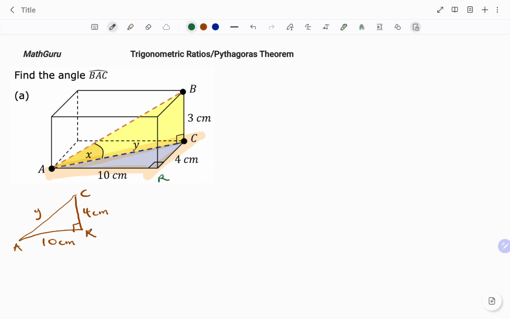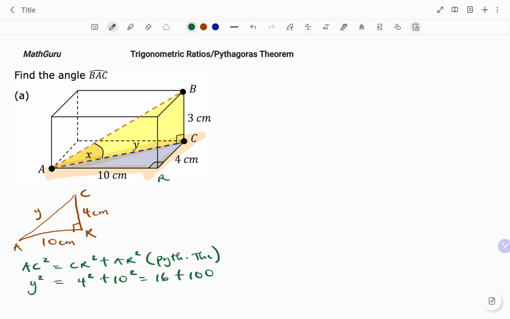Using Pythagoras Theorem, I have AC squared equals CR squared plus AR squared. That's Pythagoras Theorem. Therefore, putting in the parameters, y squared equals CR squared, that's 4 squared, plus 10 squared. 4 squared is 16 plus 10 squared, 100.